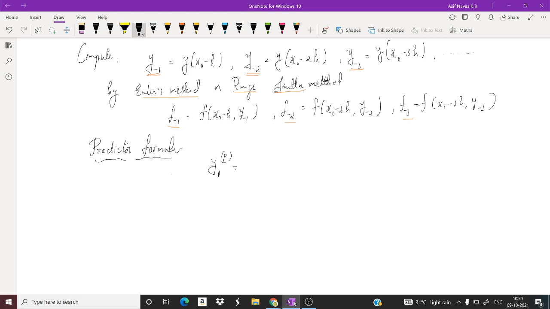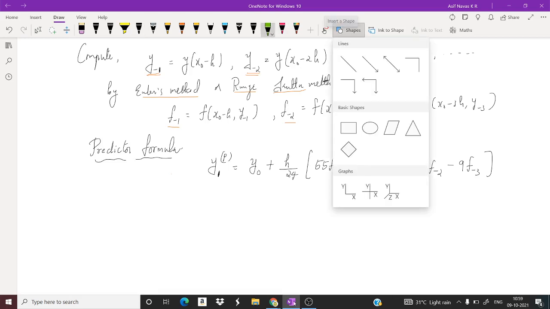The predictor value y1 of p is equal to y naught plus h by 24 times 55 f naught minus 59 f minus 1 plus 37 f minus 2 minus 9 f minus 3. So this is the predictor formula.